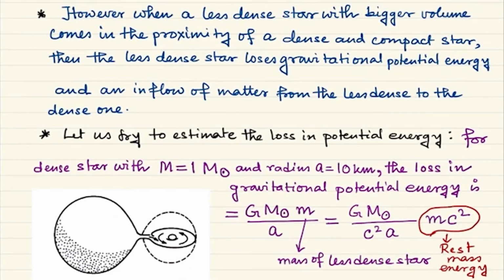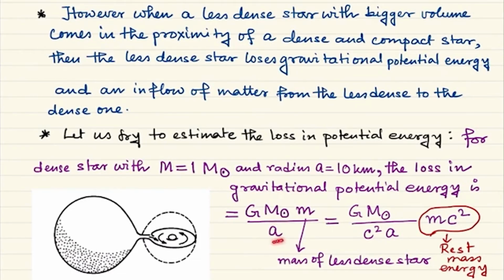So in this analysis, the loss in gravitational potential energy is given by G times m solar, okay, times m, which is the mass of this less dense star with bigger volume, divided by the radius, okay.